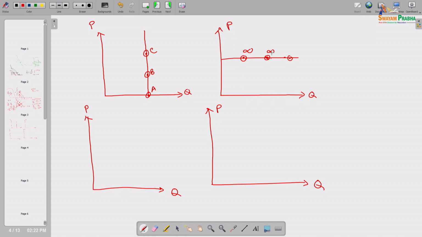Anyway, we can understand the basic message for extreme demand curves, vertical or horizontal: what will be the elasticity of demand value at different points on that demand curve. Now suppose we have a downward sloping, usual demand curve.